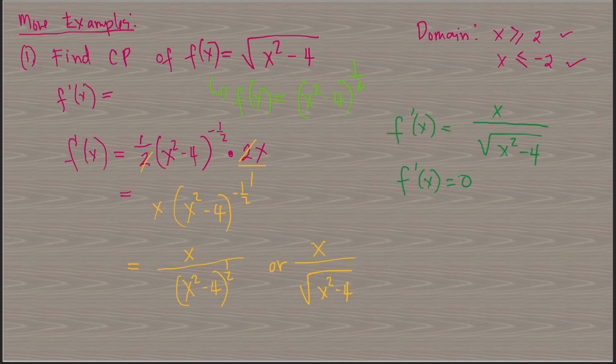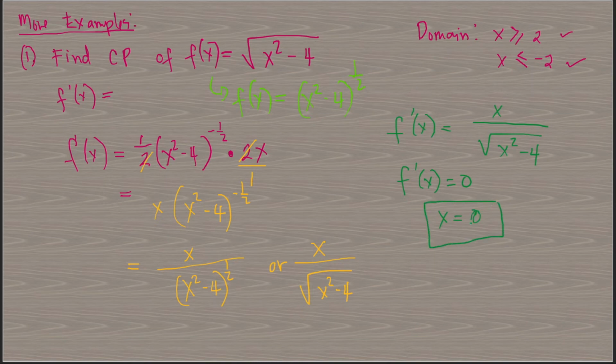How do we set our right side to 0? In a fraction, if the numerator is 0, it will become 0. So if x is 0, then the derivative will be 0. So x is equal to 0. Do we have any problem with that?